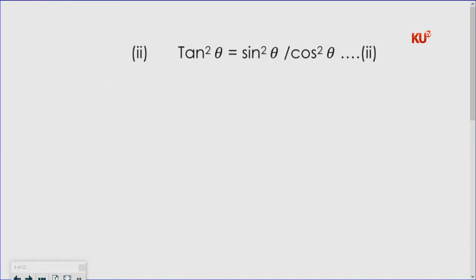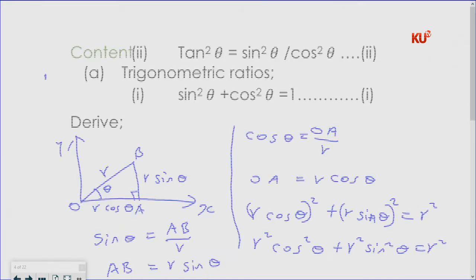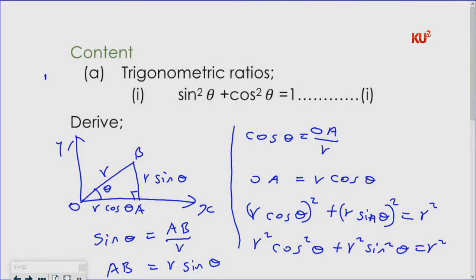You can divide each term by R squared. So if I divide by R squared, by R squared, by R squared, I'll end up having cos squared theta plus sine squared theta is equal to 1. So where is this 1 coming from?